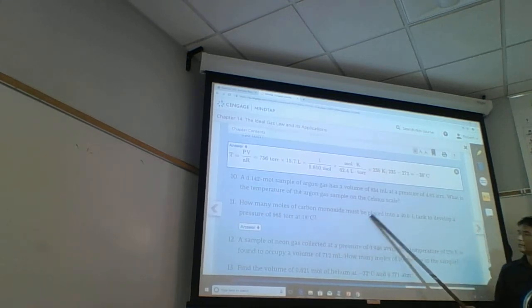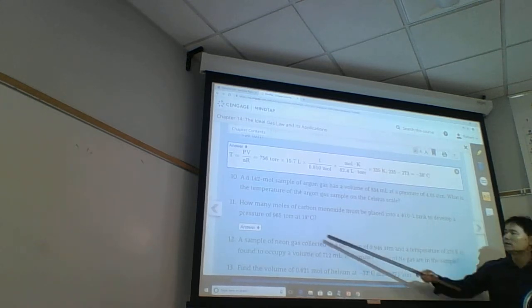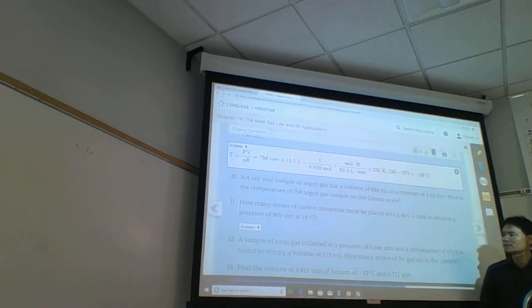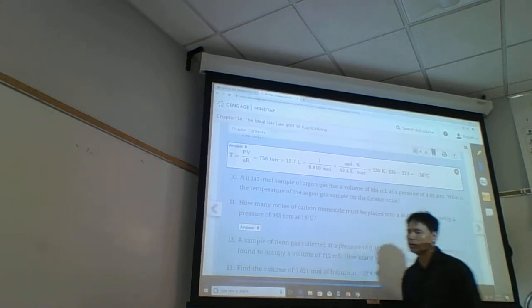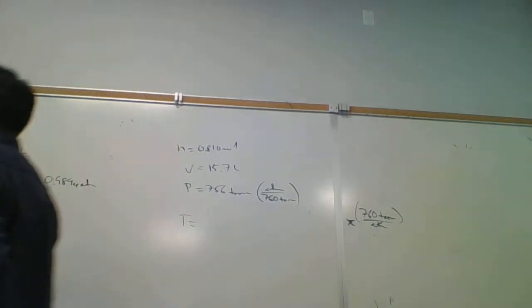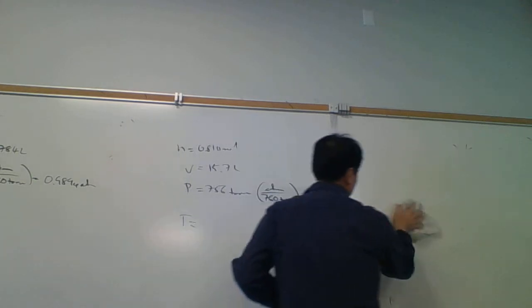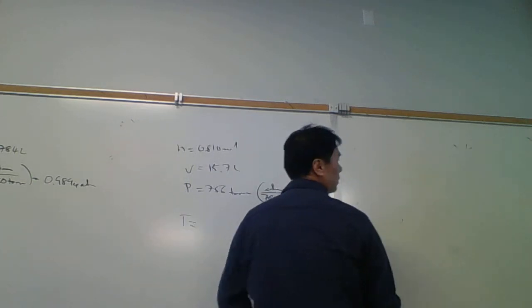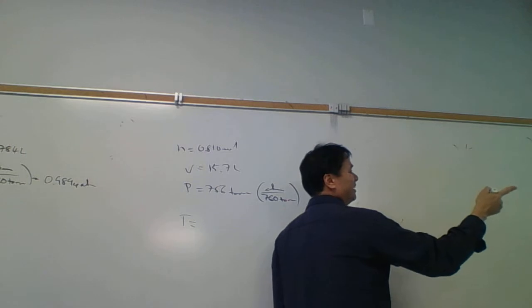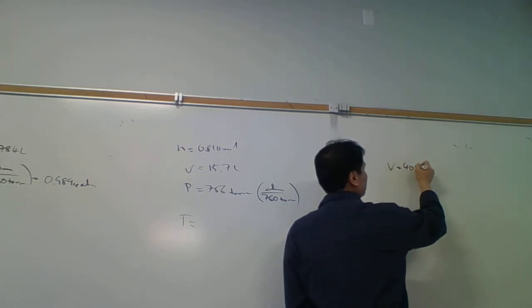How many moles of carbon monoxide must be placed in a 40.0 liter tank to develop a pressure of 965 torr at 18 degrees C? Wow, all the problems are in torr here. And so maybe it's more useful to know R in torr, 62.4, but it depends on the author of the book, really. And so here, what I do is volume, 40.0 liters.